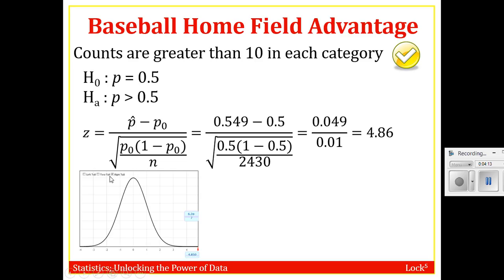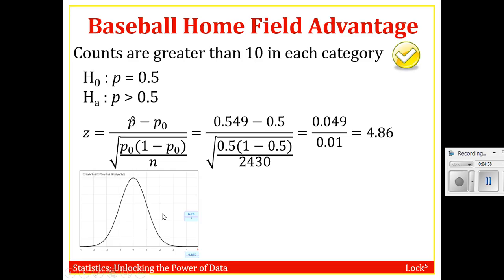If we get right tail, we do right tail because it's greater than 0, and we type in our statistic down here in the bottom, and it gives us our p-value right here. Now this is 6.2 times 10 to the negative 7, which means we have to take our decimal point and move it 7 spots to the left.